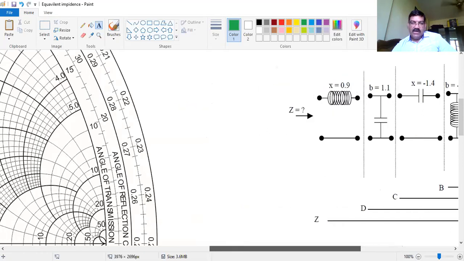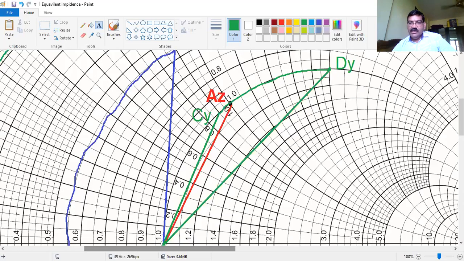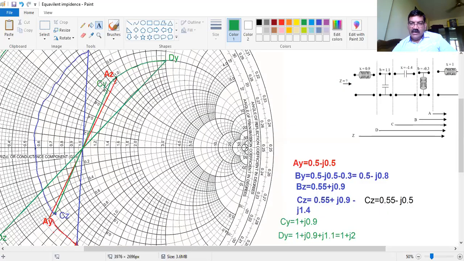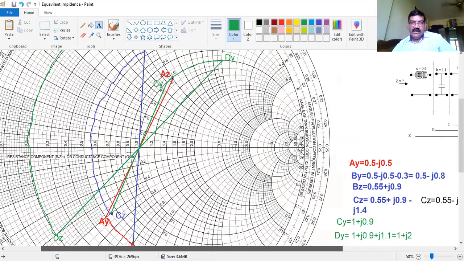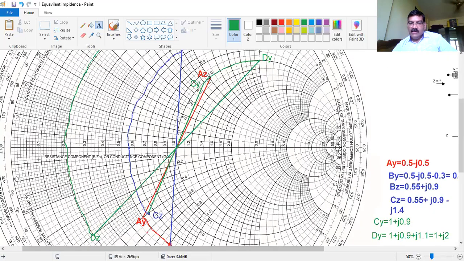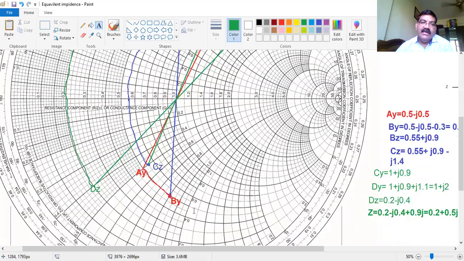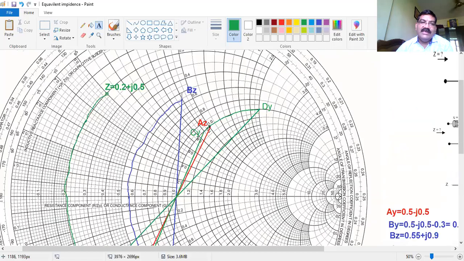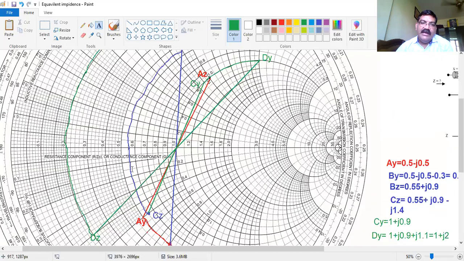And on the Smith chart, what did we do? Simply we'll look at the Smith chart. From where did we start? AY. AZ we converted to AY, and then we got BY. BY we converted to BZ, then BZ we added, subtracted.